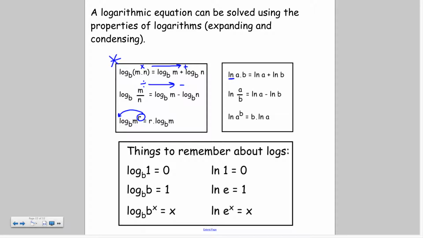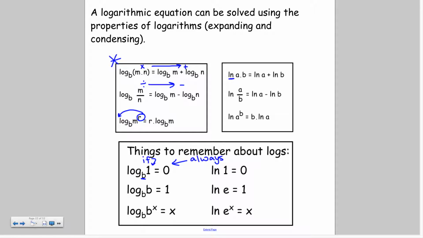Log b to the first is equal to 0. So anytime you have log b or log to any number of 1, then your answer is always going to be 0. If this number right here is 1, then your answer is always going to be 0. Okay?